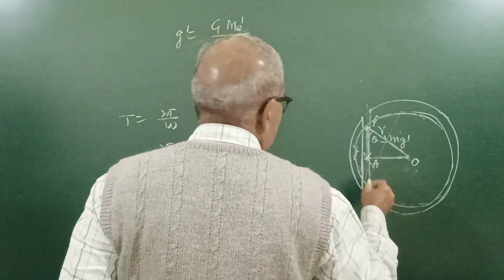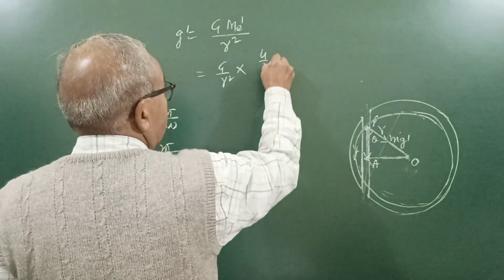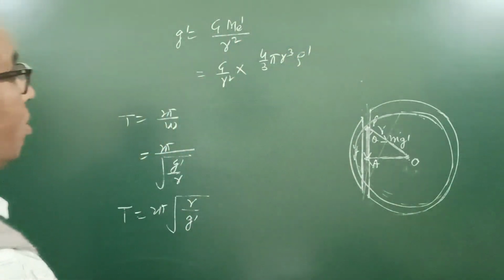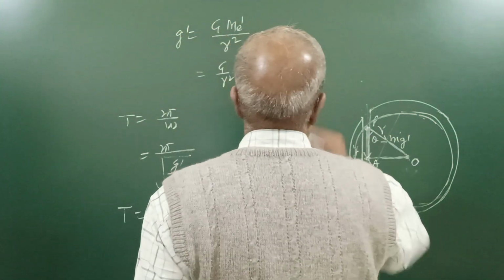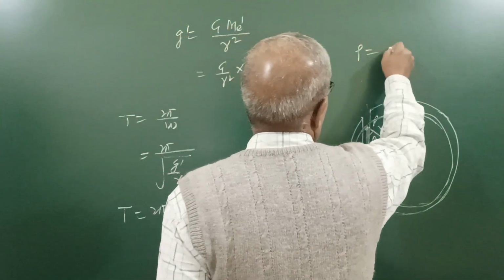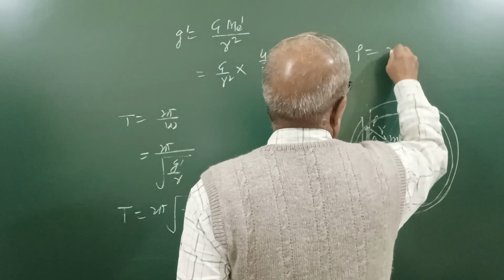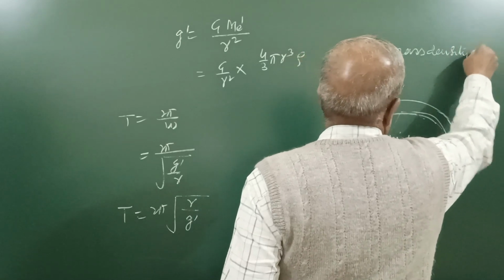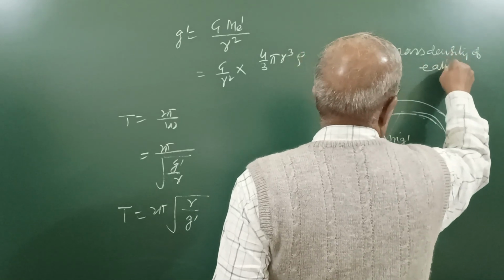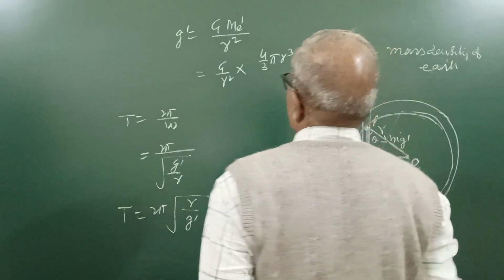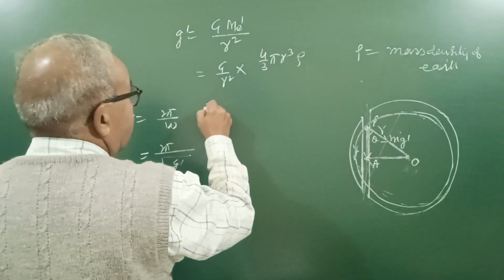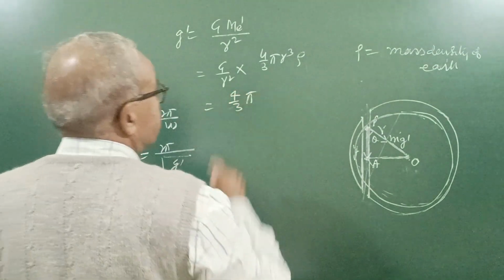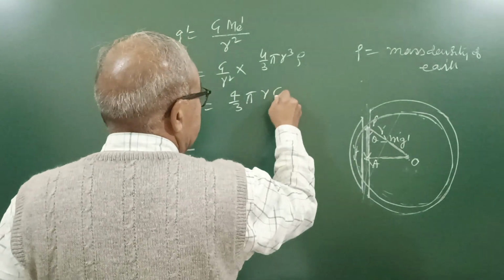M e dash, the mass of the sphere, will be 4 upon 3 pi r cube rho, where rho is the mass density of earth. So we get it as g dash equals 4 by 3 pi r G into rho.